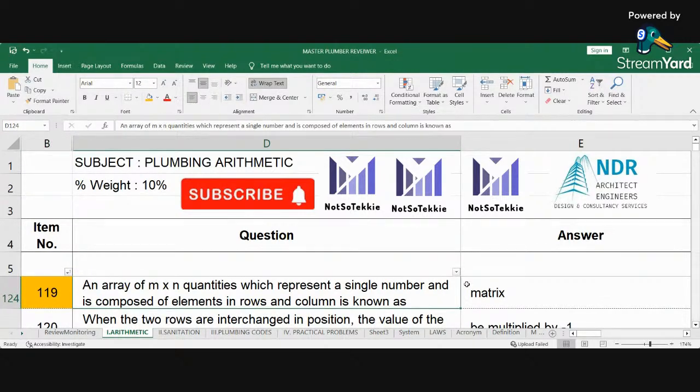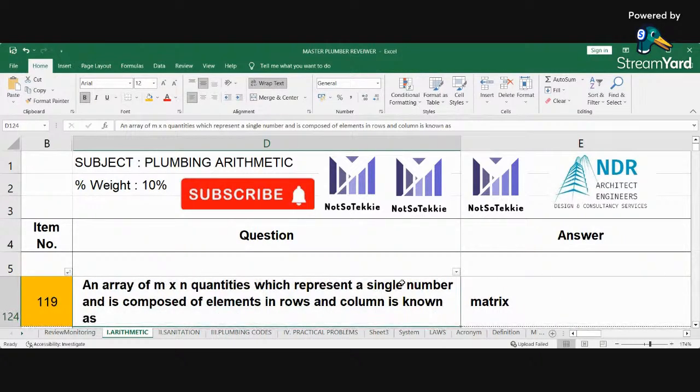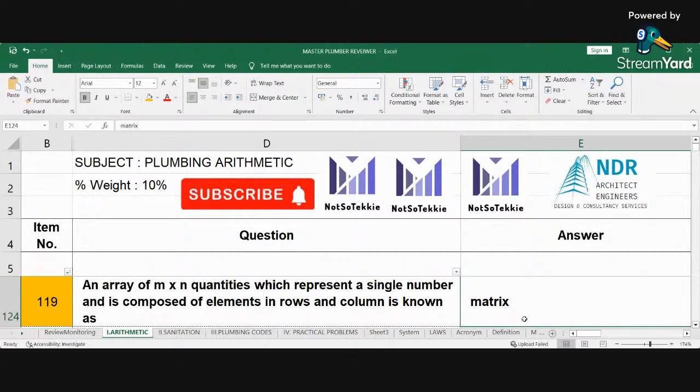The answer is matrix. Bakit dito sa isa malabo?